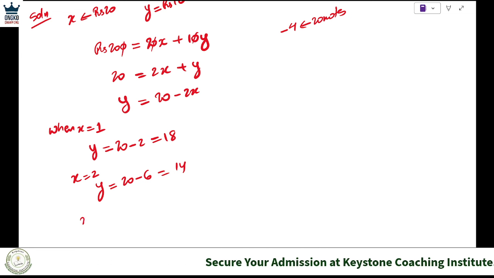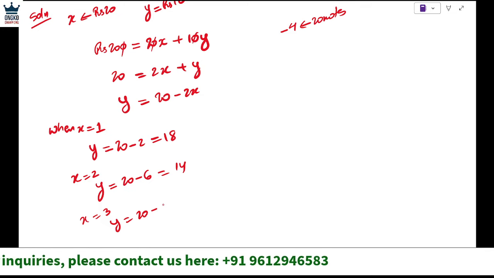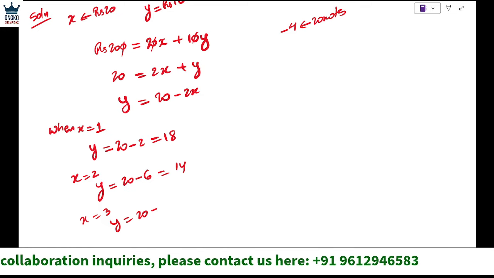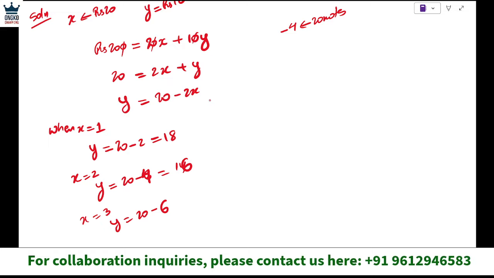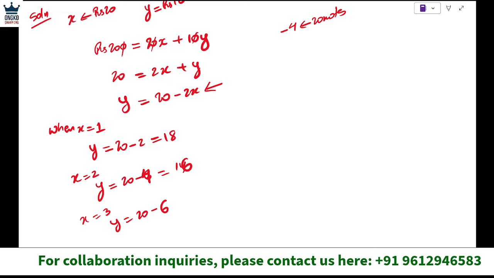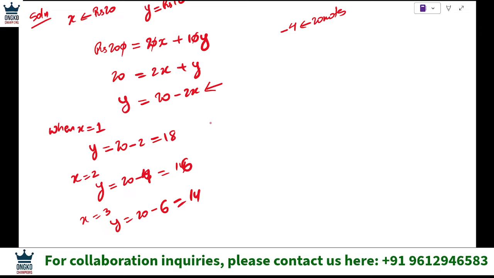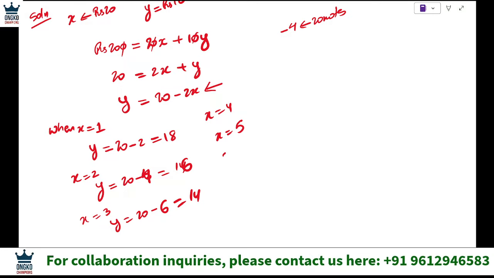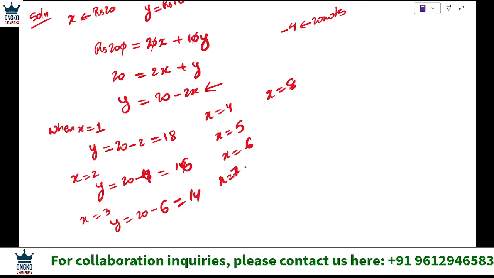x is 3. y is equal to 20 minus 3 2s are 6, which is 14. Alright, so for x is equal to 2, it should be 4, so this one is 16, and 3 2s are 6, so y is 14. Then x is equal to 4, 5, 6, 7, 8, the same style as before.